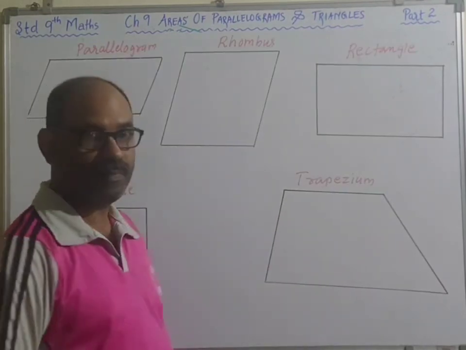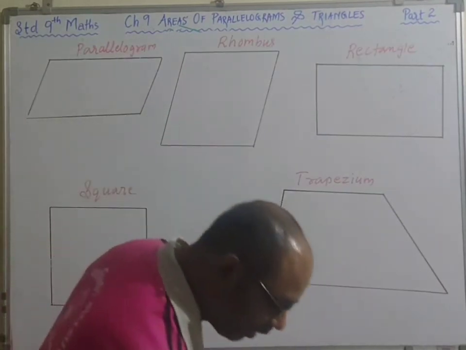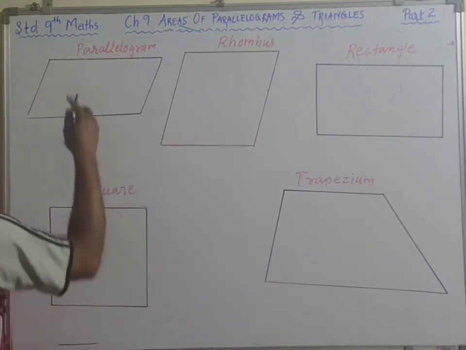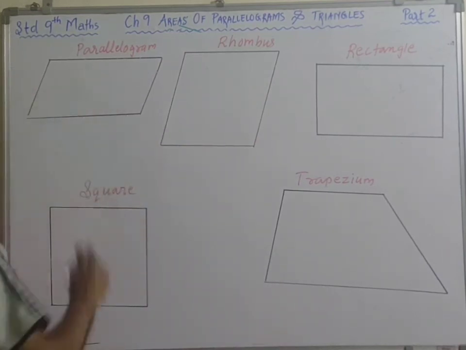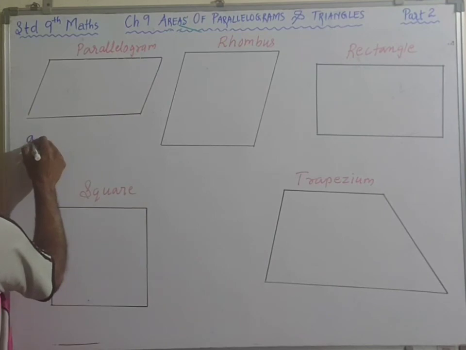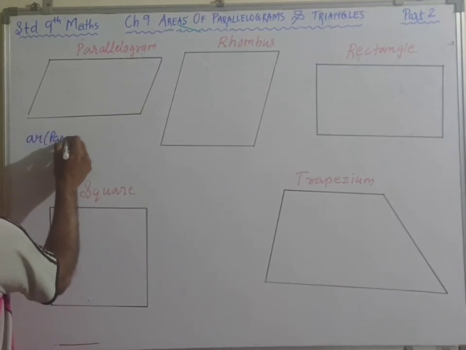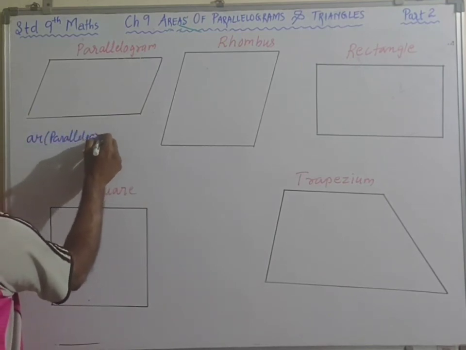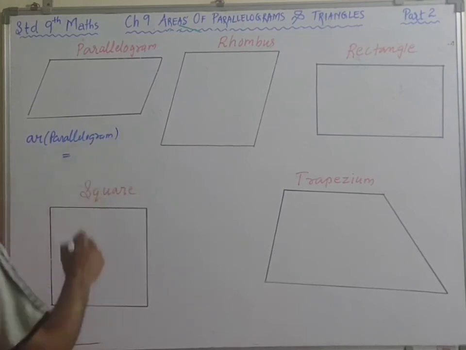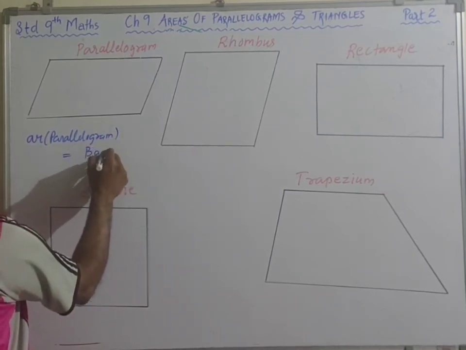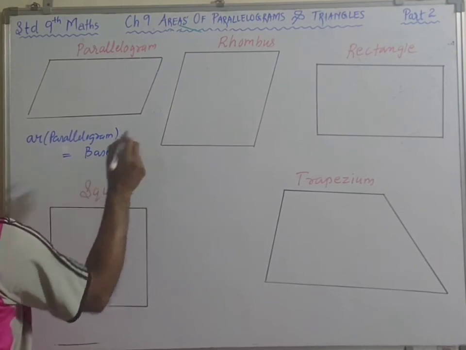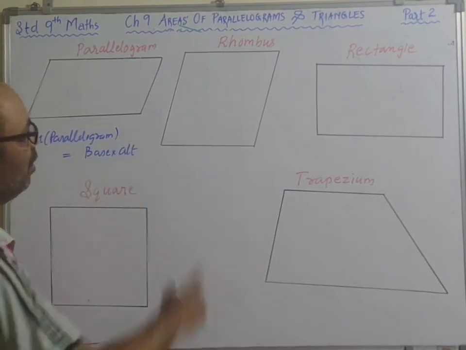Alright children. See what we have learned so far. First one is parallelogram. So area of parallelogram, उसमें सिर्फ बेस इंटू अल्टीट्यूड वो फॉर्मूला आएगी.